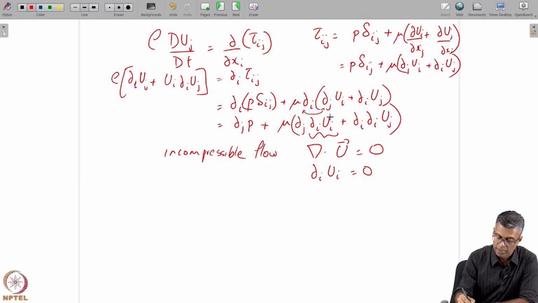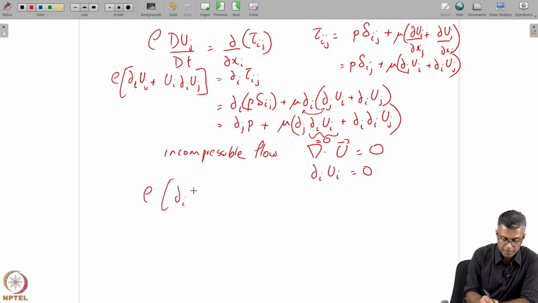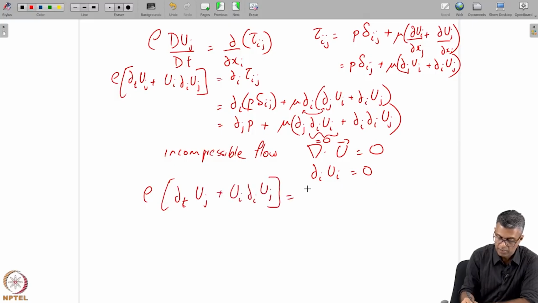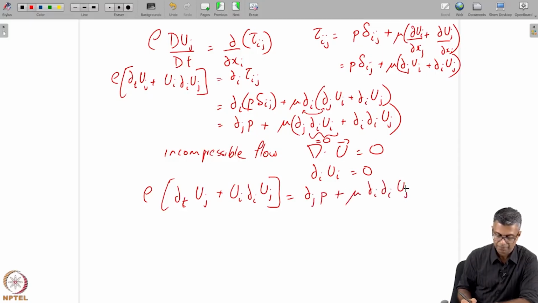So this part here would be equal to 0. In which case what I have is rho del t u_j plus u_i del_i u_j equals del_j p plus mu del_i del_i u_j.